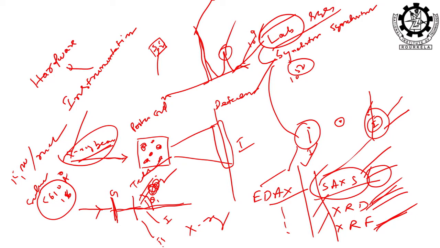Unless you can see the second order, how will you measure theta 2? If it is not visible, how can you locate the telescope? First order is a little brighter, so it is easy to detect, but the second order is difficult to detect unless the alignment is proper. If the spectrometer is not properly aligned, you can never get the second order pattern.